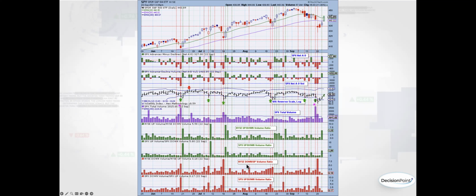This was primarily the reason it was a climax day, because this particular indicator popped above our threshold. But it wasn't a very strong climax day. And I say that because the VIX was kind of in the middle of the Bollinger Bands. We didn't get climactic readings on the net advances and declines or net advance decline volume.